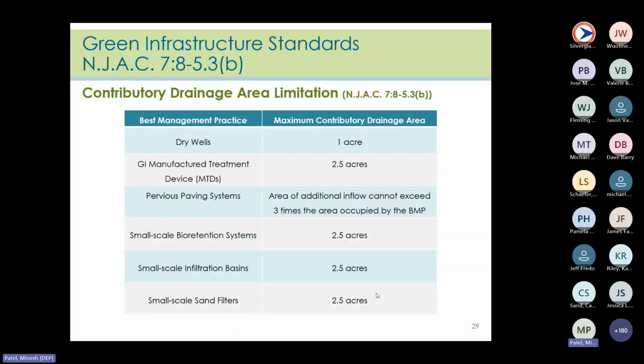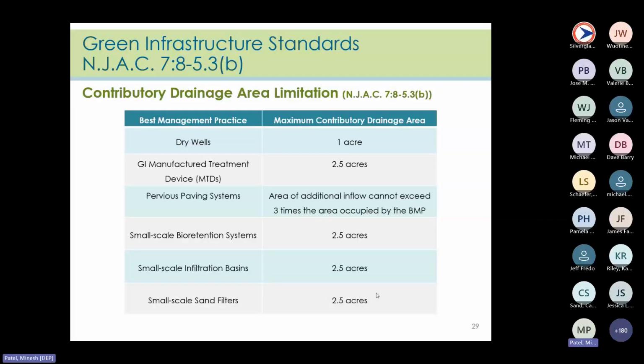As you can see, the column on the left includes the name of the BMP, and the column on the right includes the maximum contributory drainage area. So, for example, if you are using a dry well, the maximum contributory drainage area is going to be an acre, MTDs 2.5 acres, and so on.